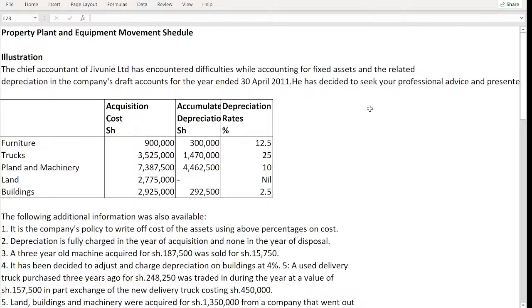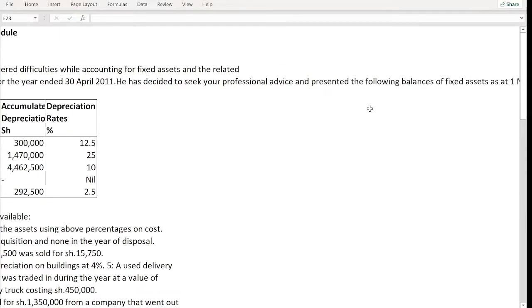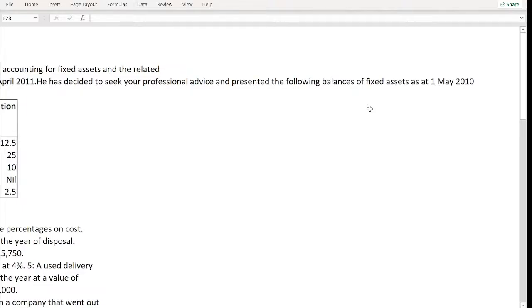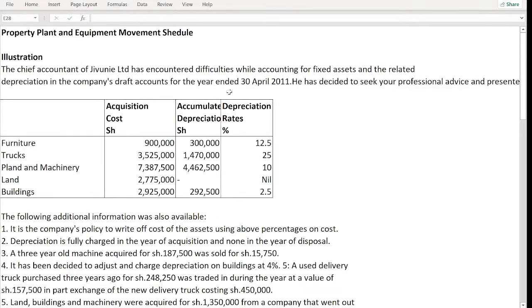He has decided to seek your professional advice and presented the following balances of fixed assets at May 2010. So we have the acquisition cost, accumulated depreciation and depreciation rates: furniture, trucks, plant and machinery, land and buildings, their cost, accumulated depreciation and the depreciation rates.